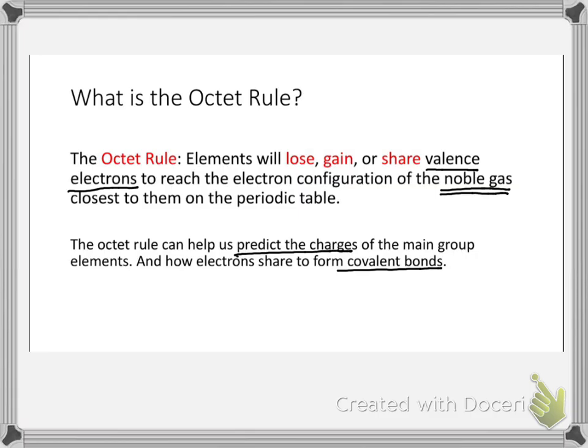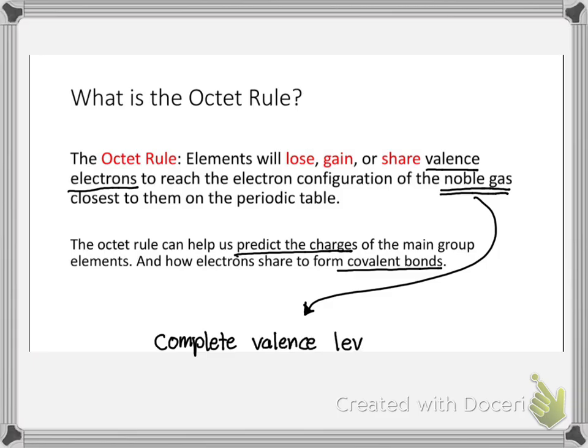So now I'm circling back around to the idea of why atoms would want to gain or lose or share to be like a noble gas. And maybe you answered to the screen. Noble gases have a complete valence shell. They have all of their s's and all of their p's.